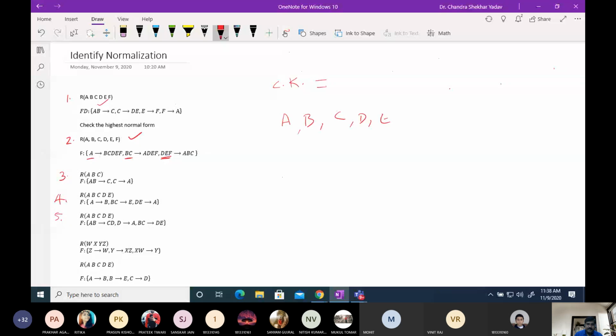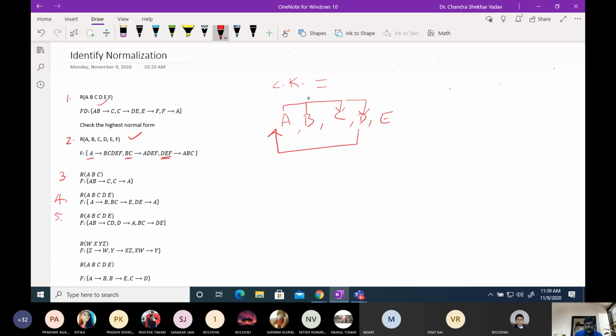R consists of A, B, C, D, E, and AB determines CD. Both determine C and then D. Then D determines A. Then BC determines DE.